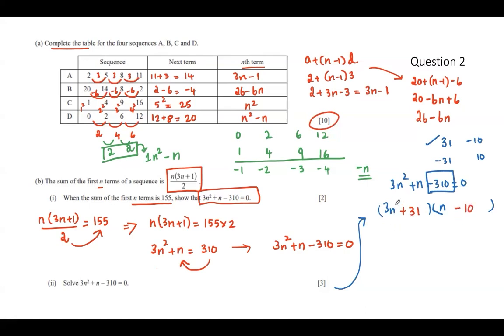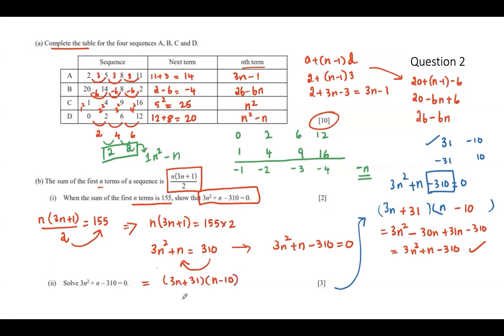Let's start multiplying, and we will get 3n square minus 30n plus 31n minus 310, eventually giving me 3n square plus n minus 310.